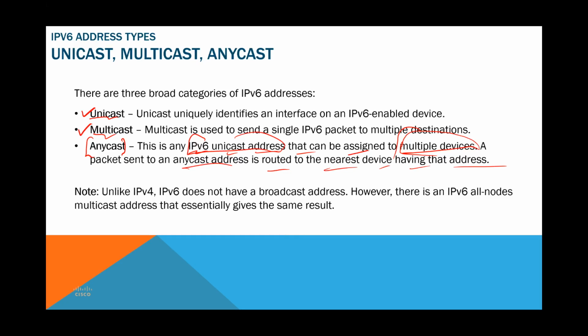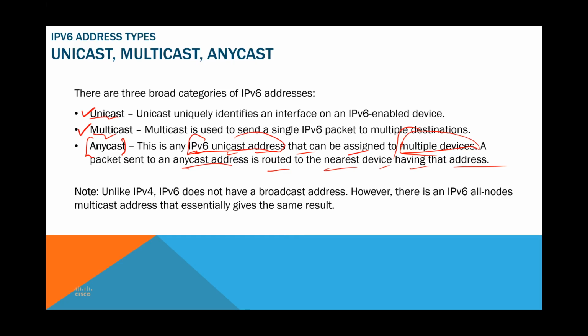So they know that, okay, that particular server is the closest to me. It only makes sense for that one to reply to me. So this is a new concept entirely, something that is completely new in IPv6.